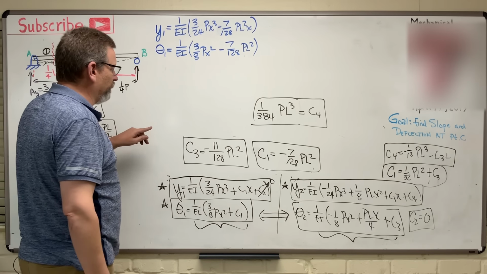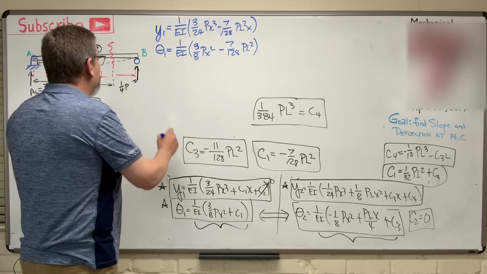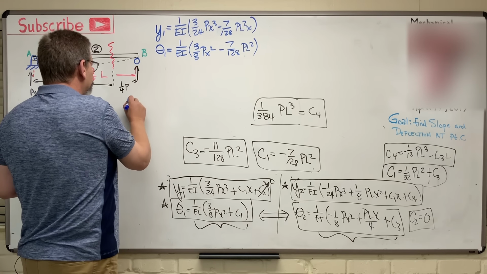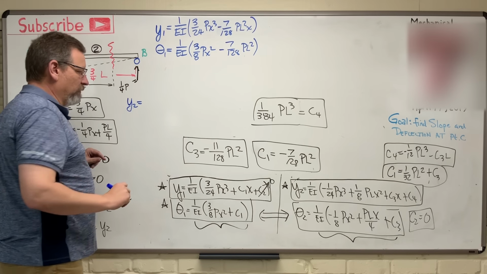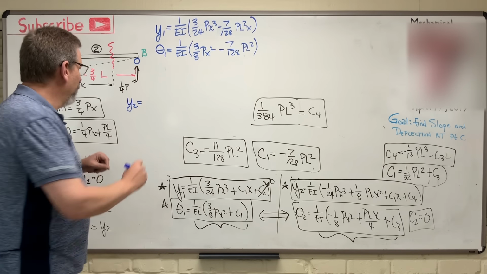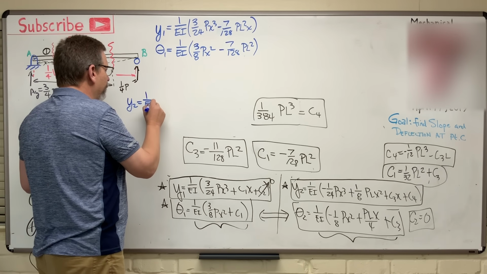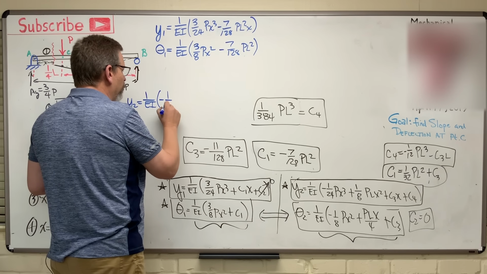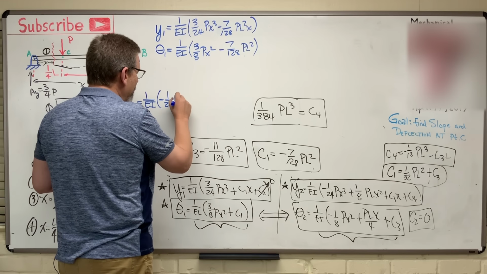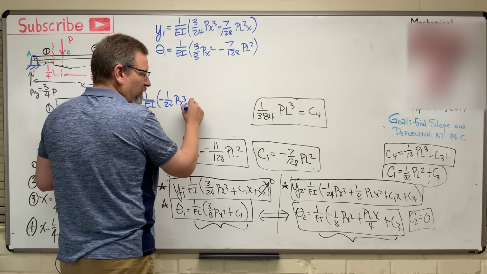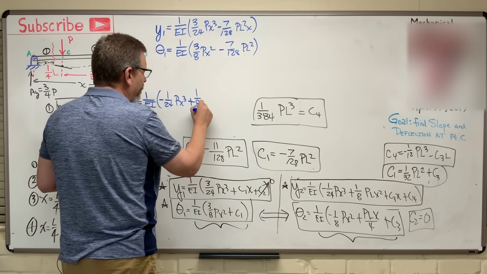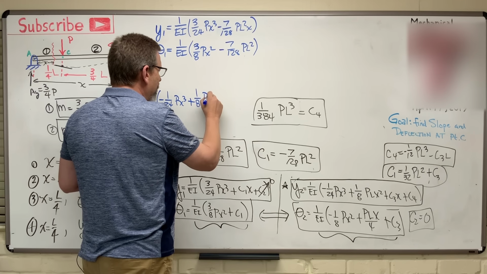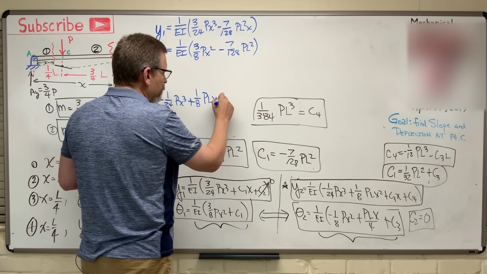Okay? Now Y2. Let's do those a little bit lower. So Y2, what does Y2 equal? Right over there, 1 over EI times negative 1 over 24 PX cubed plus 1/8 PLX squared.